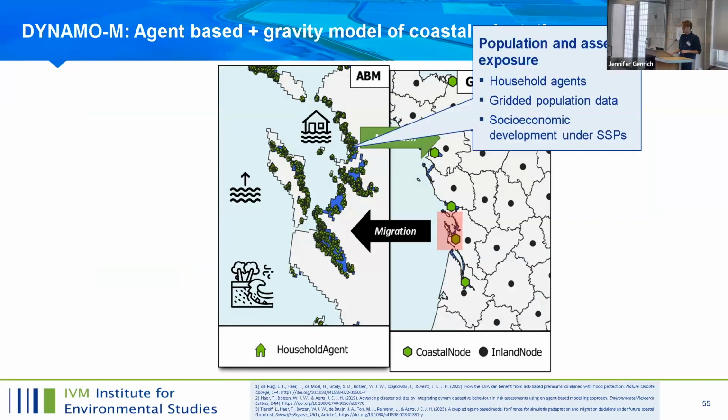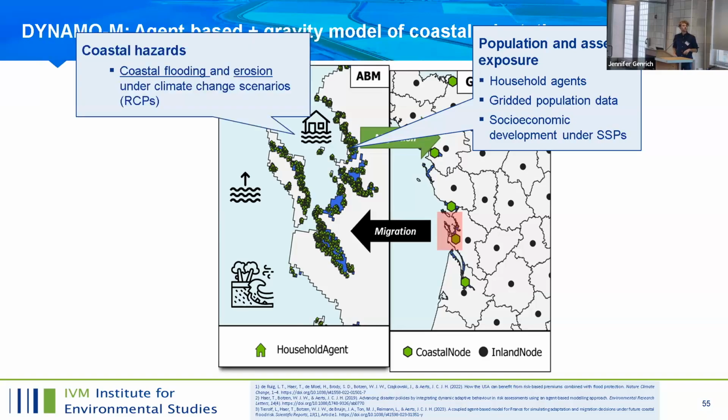To this end, we create an agent population of households residing in the 1 in 100-year floodplain. We create this agent population using gridded population data and update characteristics such as income and wealth based on the shared socioeconomic pathways, and we also account for natural population growth in these regions.